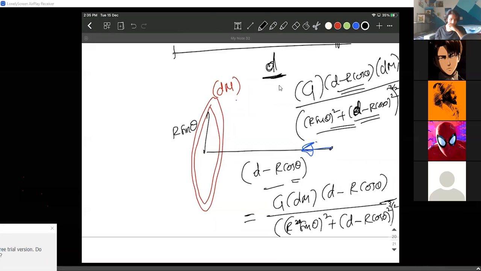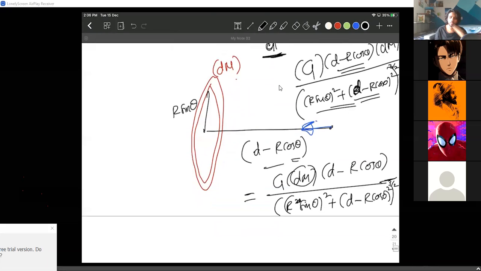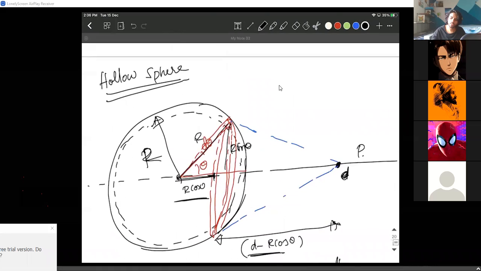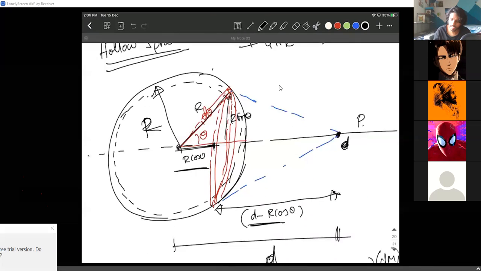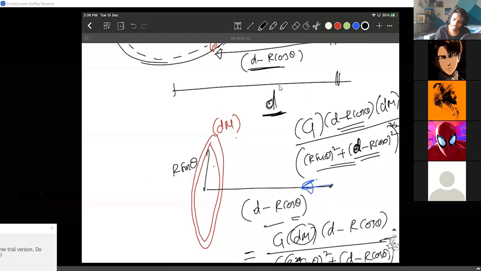Okay. Now, guys, the dm value is also not supposed to be put here. You can't just leave it as dm. Let's go back to the original thing. The surface area of a hollow sphere is 4 pi r square. For that, the mass is M. What is the area of the ring? The area of the ring is nothing but the circumference, which is 2 pi r sin theta. This is the whole length of the ring, into the thickness, which is r d theta.